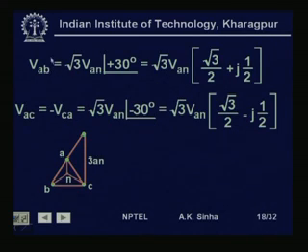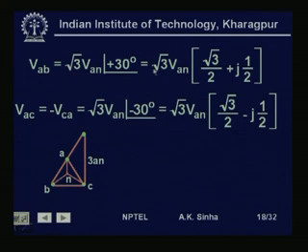Now, if we look at these equilaterally spaced conductors, here the voltage VAB is equal to root 3 times VAN at an angle of plus 30 degrees from the x axis.